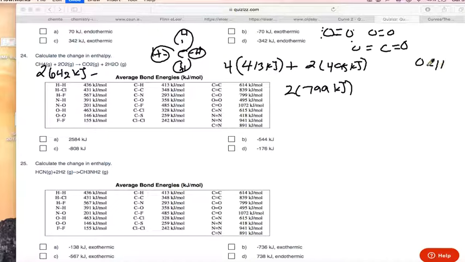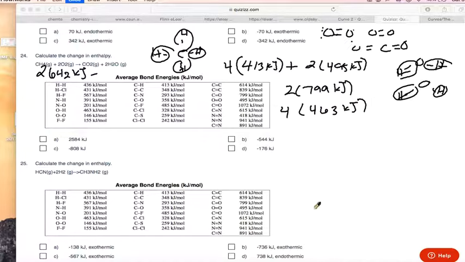So you've got this, and you've got this. So if we take a look, I've got 1, 2, 3, and 4 of the HO bonds. So I find HO and I got 463 kilojoules.